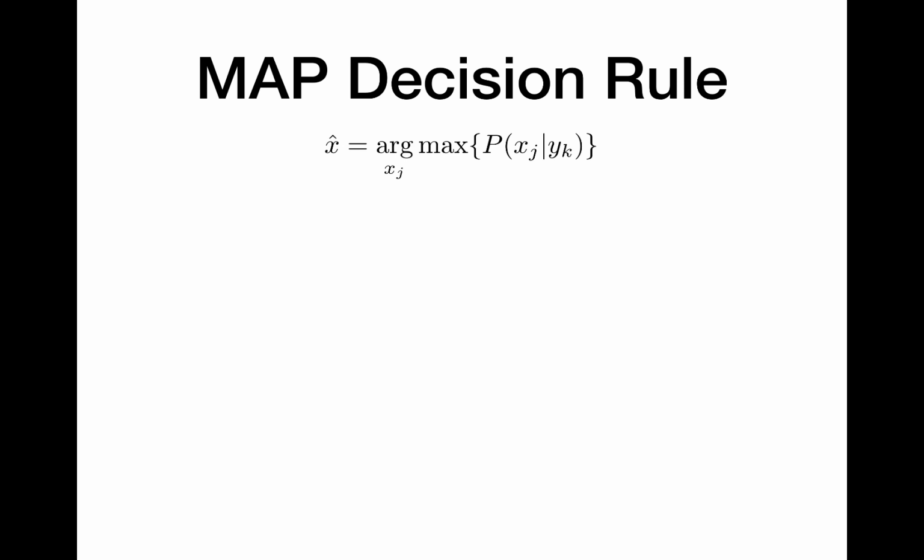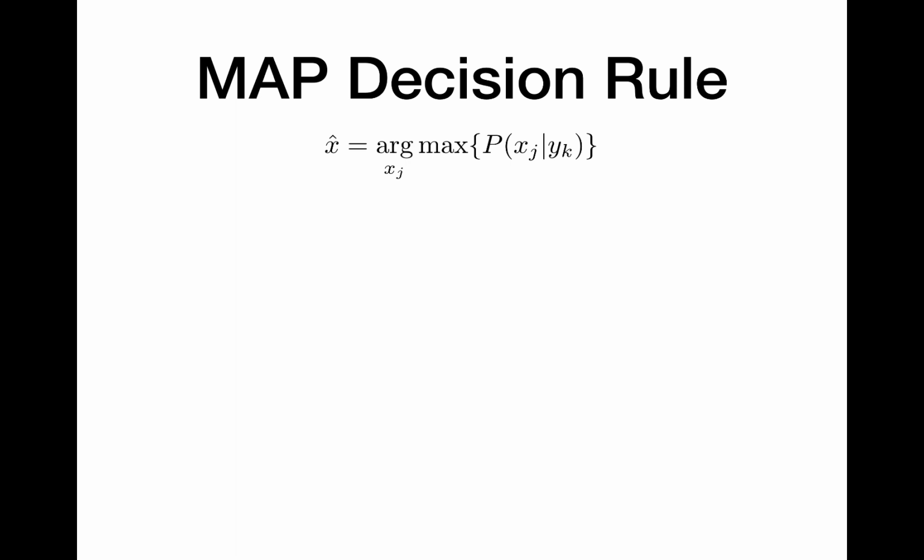So the optimum decision rule for MAP is, your x hat is basically the optimum decision of the input symbol. Given you observe yk at the output, what is the optimum decision of the input symbol x hat, and that is actually given by the arg max of the a posteriori probabilities.